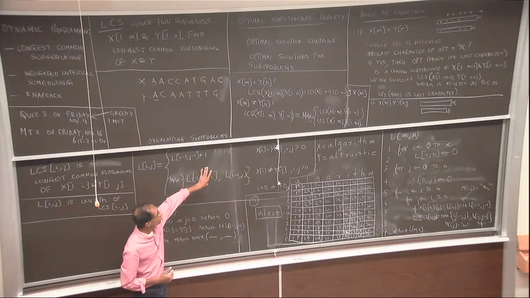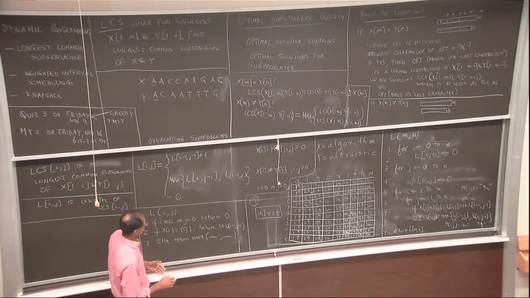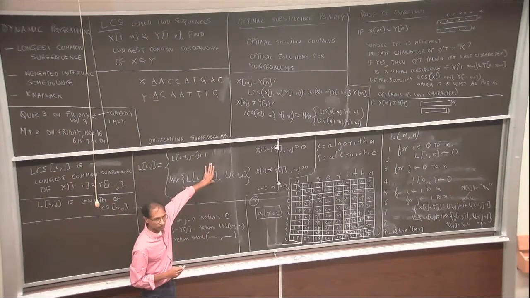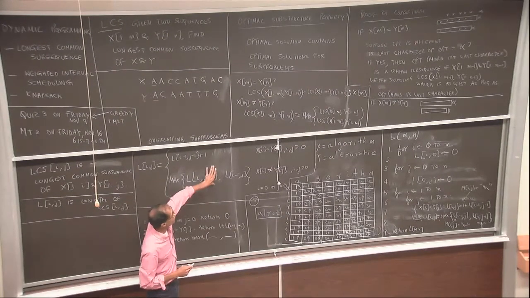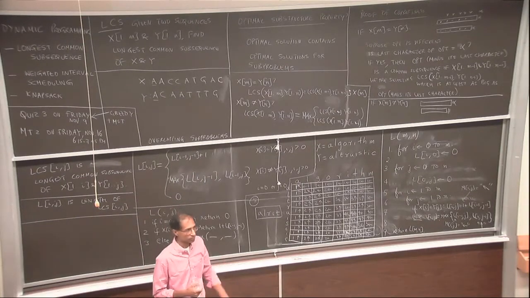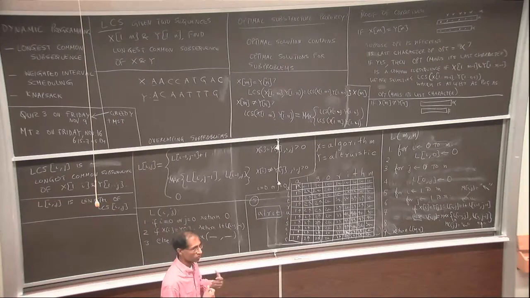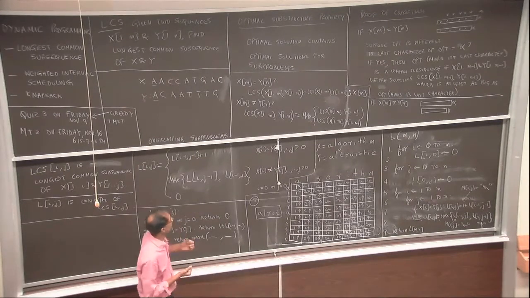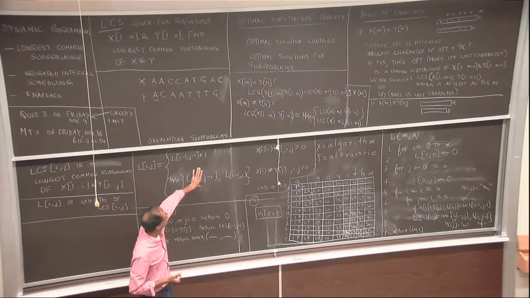Okay? So let's try to understand the different pieces of this. The first piece is being able to write a recurrence. And the recurrence captures something called the optimal substructure property. So you have to understand what the optimal solution looks like. You try to identify an optimal substructure property. From that you capture a recurrence.